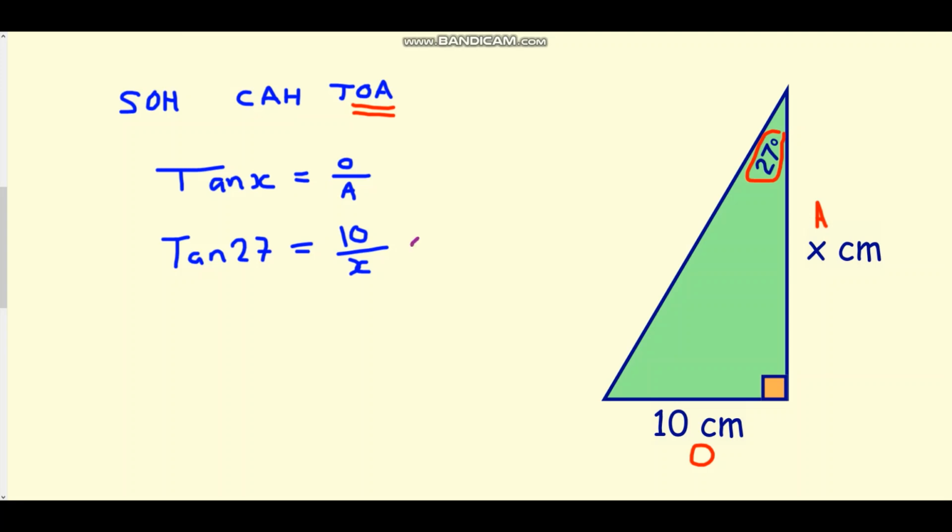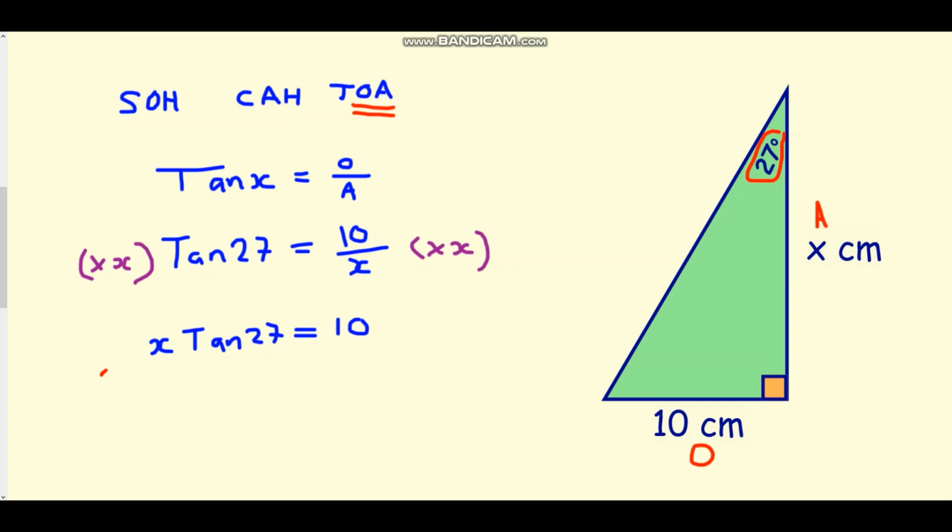We can multiply both sides by x, a straight x, not a curly x. Can multiply by x on both sides and we get x tan 27 is equal to 10.